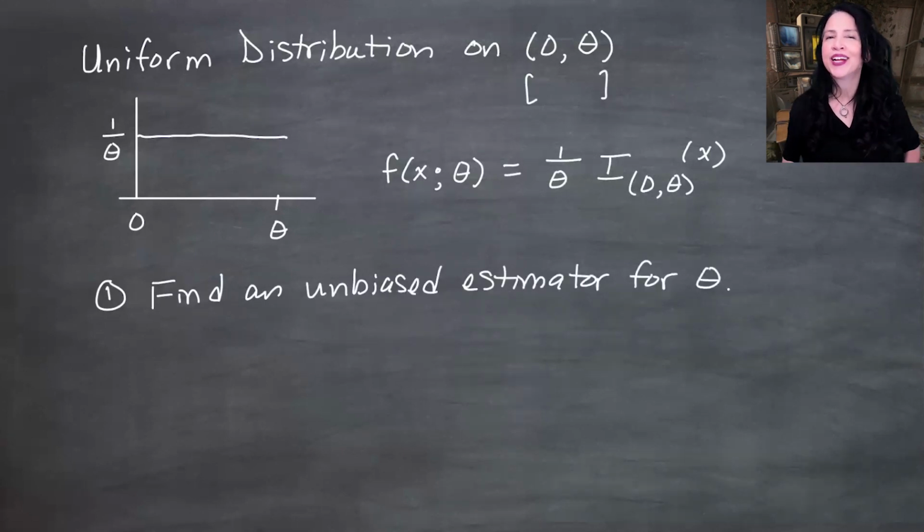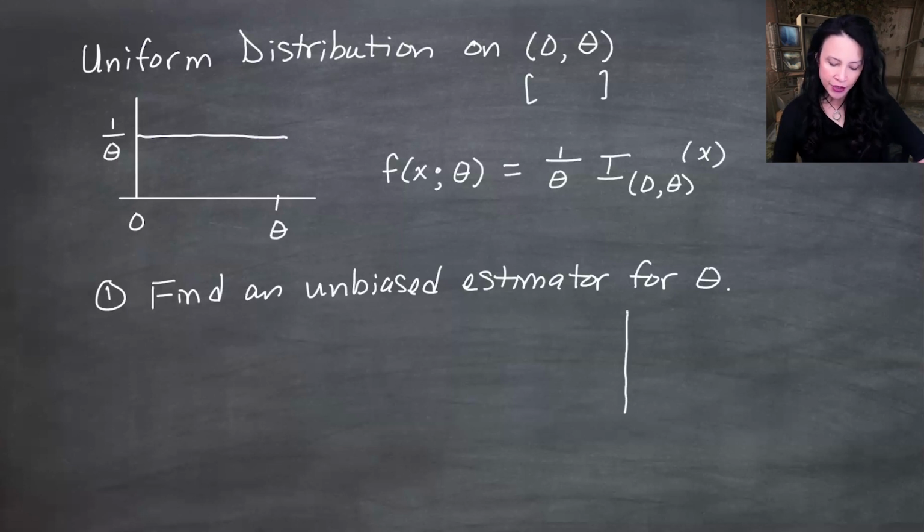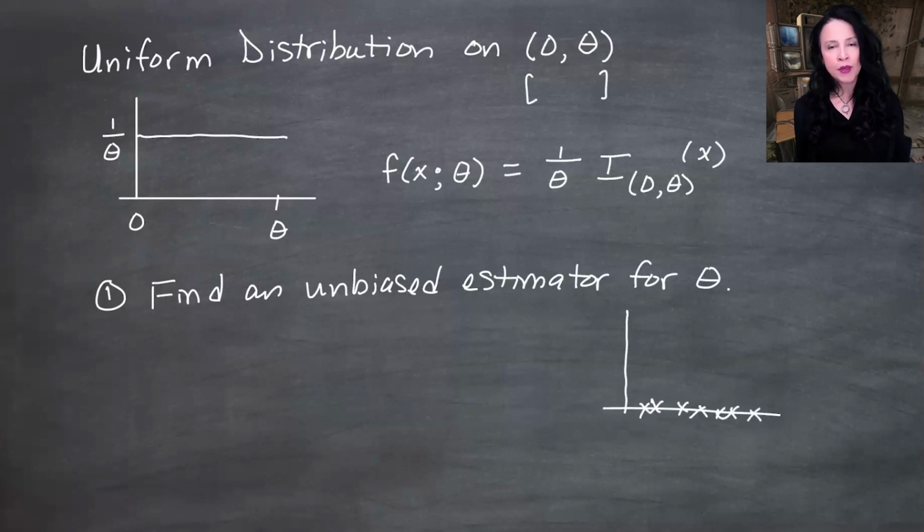So we're just going to come up with one out of the blue. If you think of sampling values and you don't know theta, so you don't know the right endpoint of this interval, when you sample values, you'll start getting values all over the place. And if that's my n values, I think, I don't know if you agree with me, my best guess for theta might be to look at the maximum value in my sample.